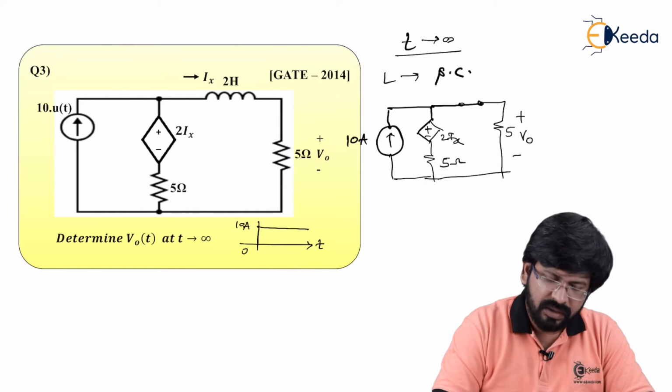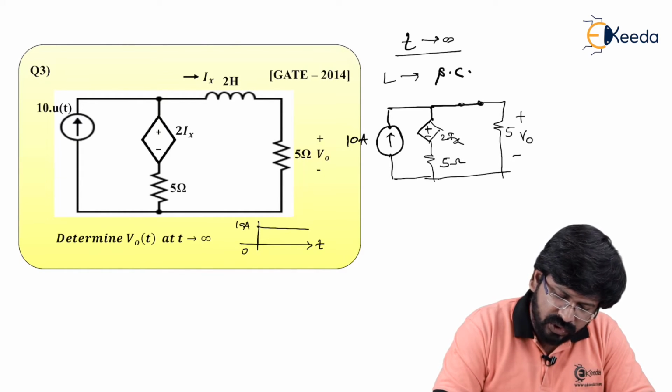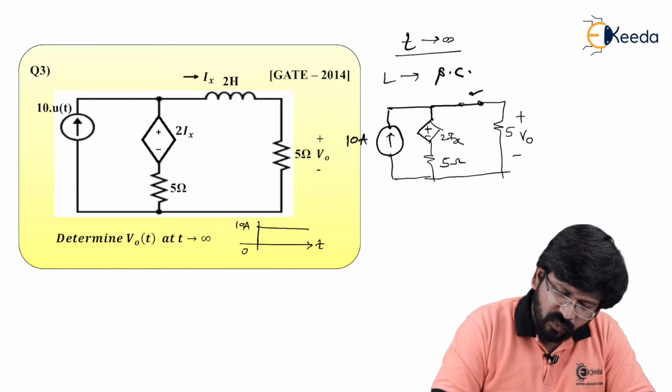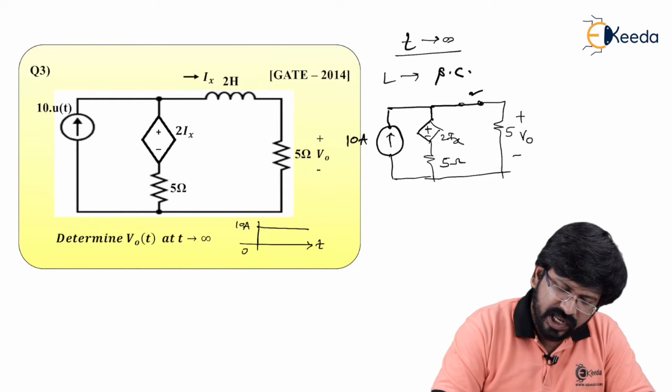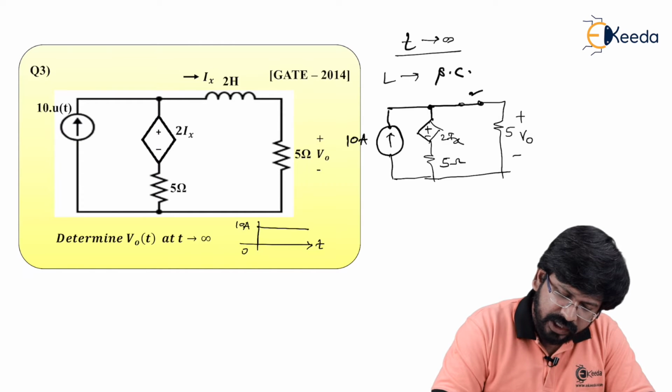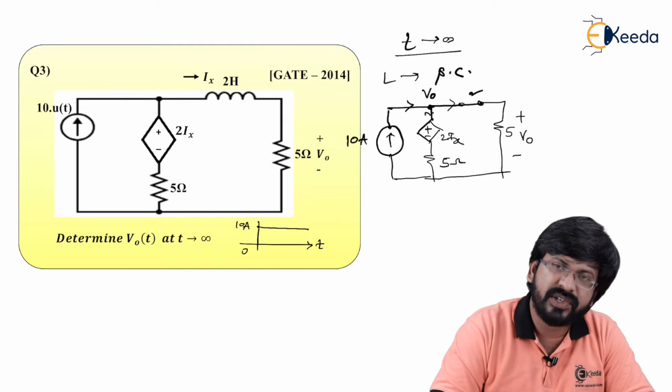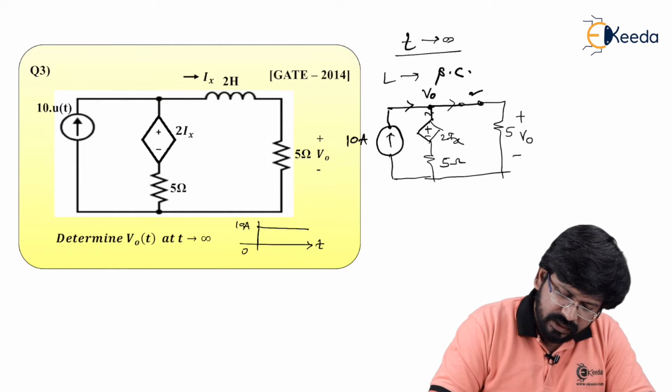As you can see in the figure, now the inductor is replaced with a short circuit here. Voltage across 5 is V naught, and we are asked to find V naught only at t tends to infinity. So by KCL, I can take this node as V naught, and all current additions equal to 0.